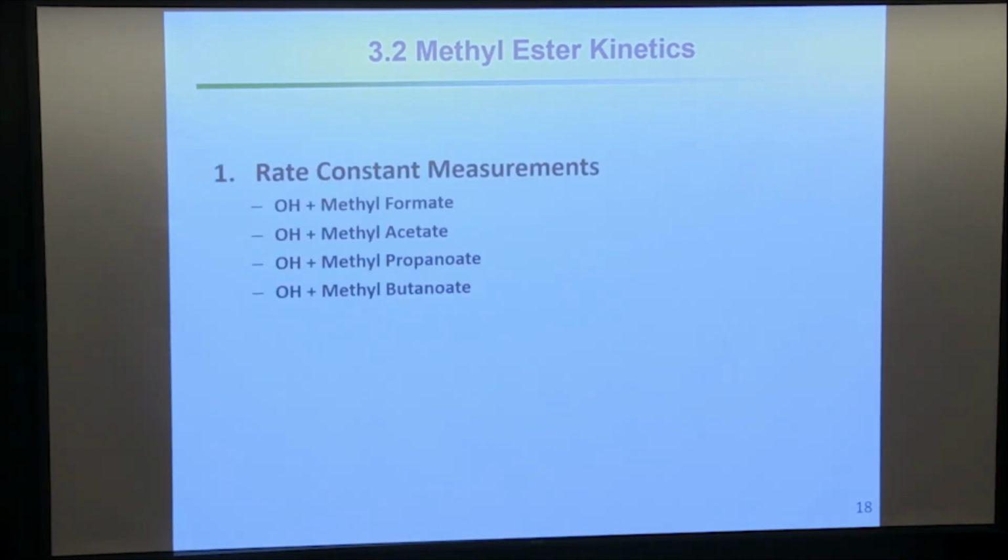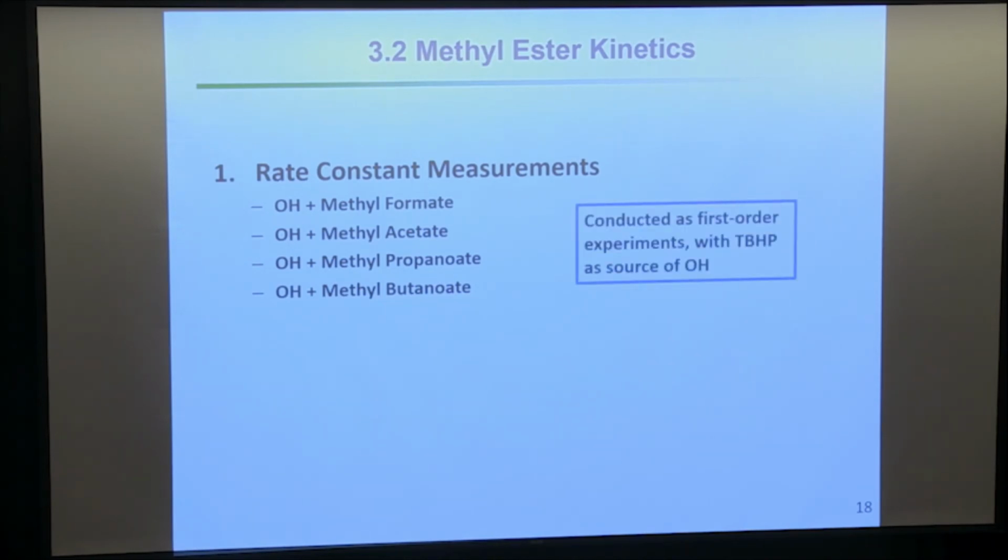Here's another good experiment. This is an experiment involving methyl esters. Let's see, I think I have pictures of these. Okay, so we set out to measure OH plus different methyl esters. There's just a sequence of methyl esters. I'll show them in a second. Formate, acetate, propanoate, butanoate.